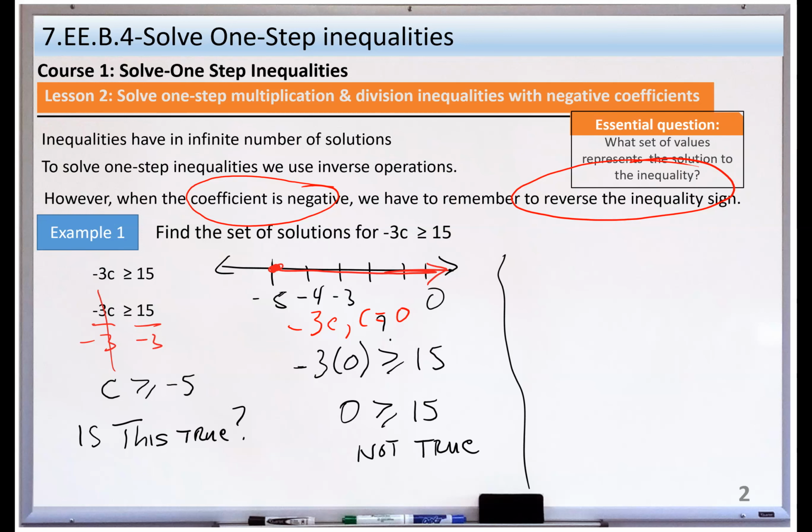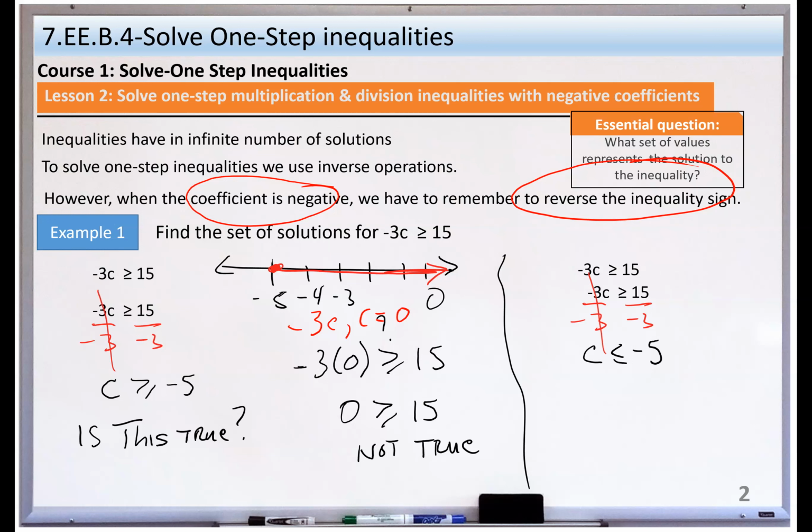How do I find the solution? Because I have a negative coefficient, it's basically saying the opposite of c is greater than or equal to negative 15. So I take the opposite of greater than or equal to, which is less than or equal to. Trust me, it works. I'm dividing by a negative 3, so I have to switch my inequality sign.